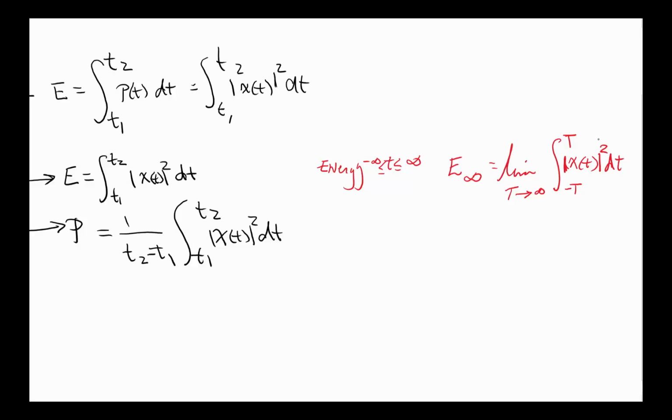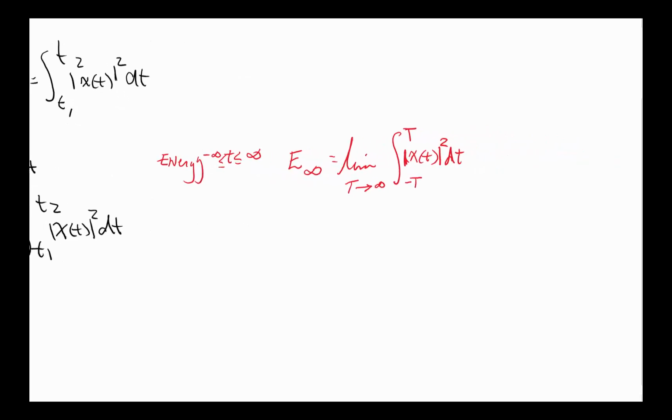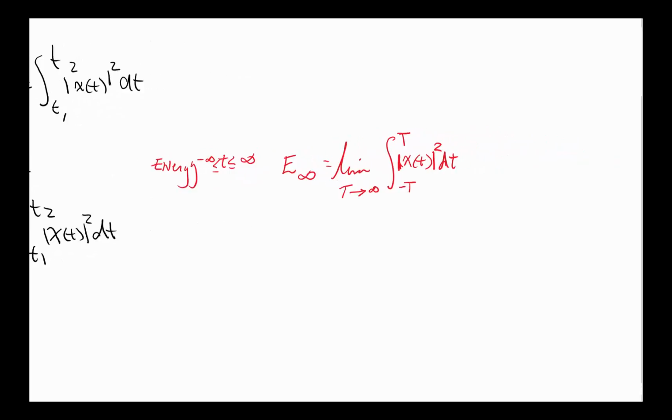That's not too bad, and then we can almost get rid of the limit in this case and write it as the integral from minus infinity to infinity of the magnitude of x of t squared dt.